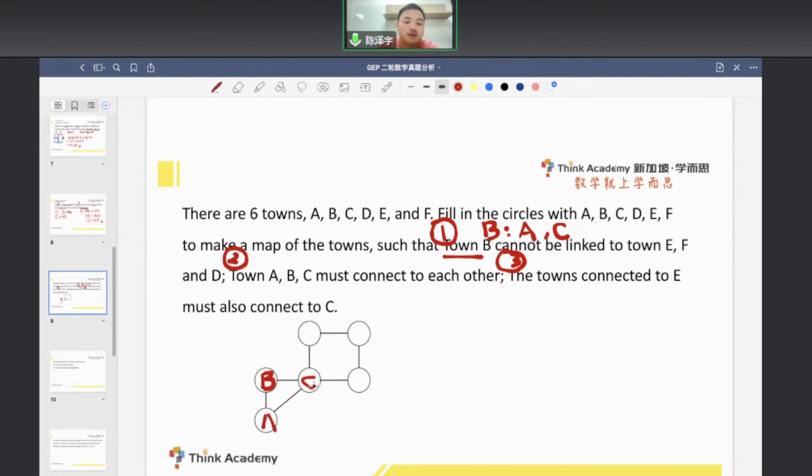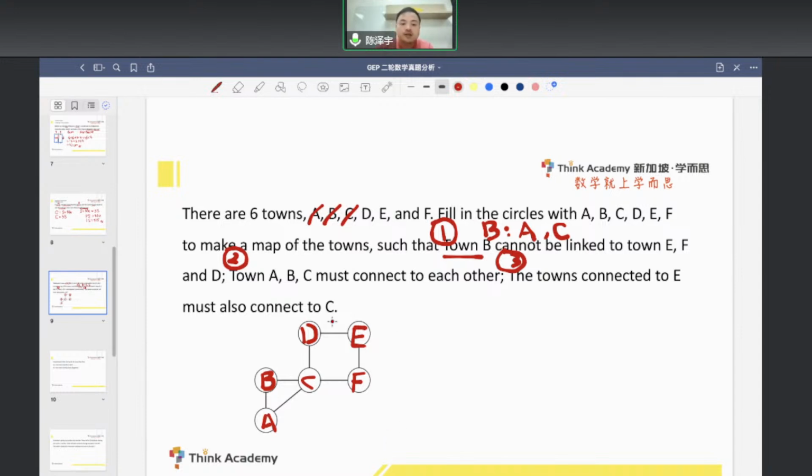Then A will be here, because I need to connect some town with C at E. So now I have filled in A, B, C, so let me cancel off A, B, C. Now I am left with D, E, and F. So D, E, and F must be in these three circles. And the clue tells us the town connected to E must also connect to C. So therefore, you are left with E here. And you can just fill in D and F at these positions.